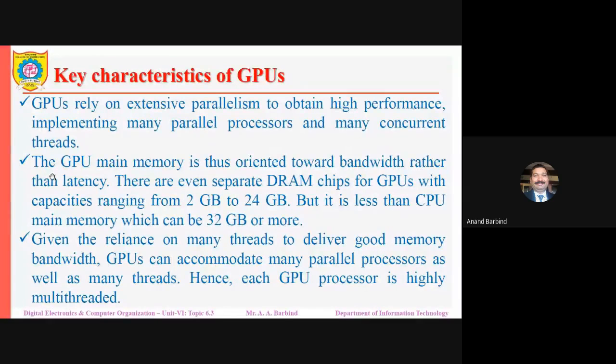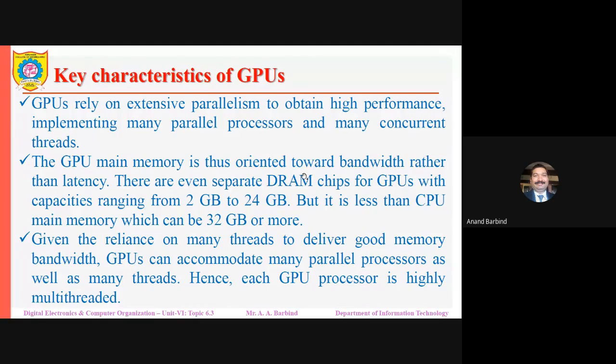The GPU main memory is thus oriented towards bandwidth rather than latency. The high amount of processing is there in the GPU, so that is why the bandwidth is rather high for the memory. There are even separate DRAM chips for the GPU.